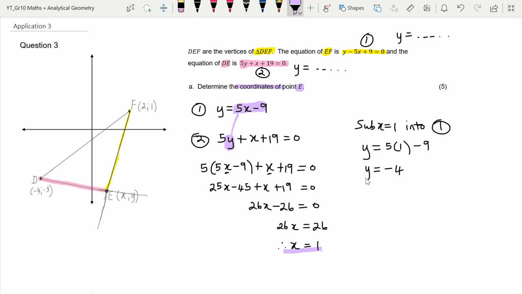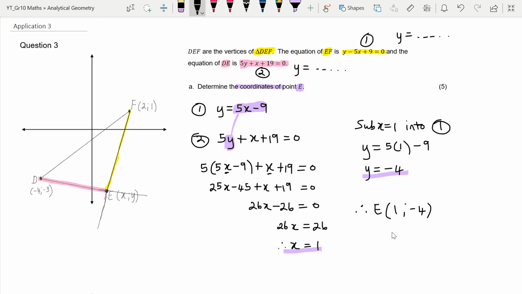So there we've got our x value and we've got our y value, and therefore that gives us coordinate E, the point of intersection between the pink and the yellow line. We found them. So that would be 1 and that would be negative 4.